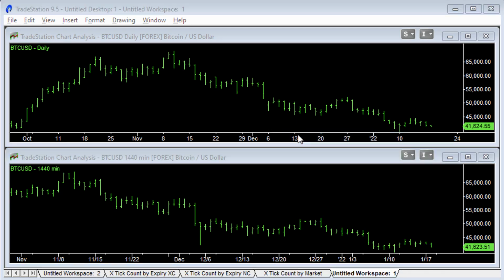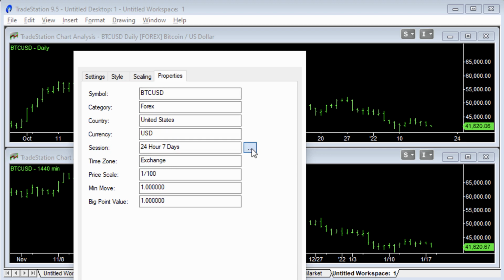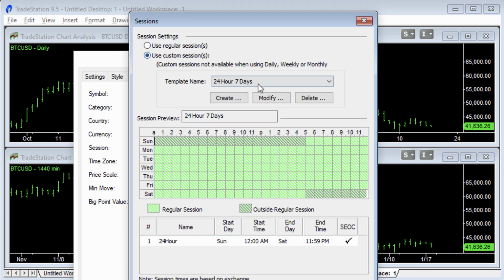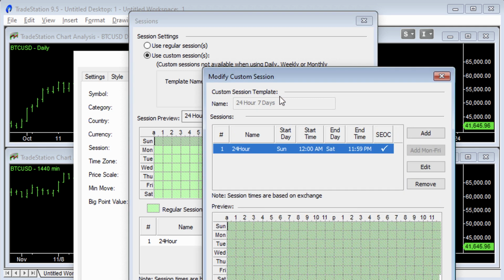So we go to format symbol, and under custom sessions, what I've done is just created a template called 24/7, and you can look at that, where it captures all of the data. What we have to do is go from Sunday at midnight to Saturday a minute before midnight in order to capture all of that data.